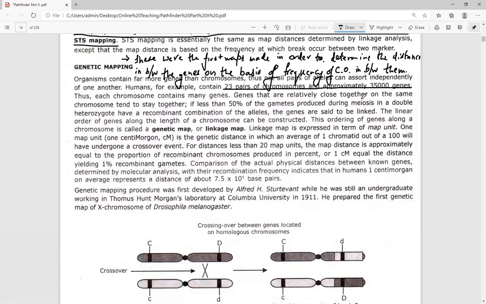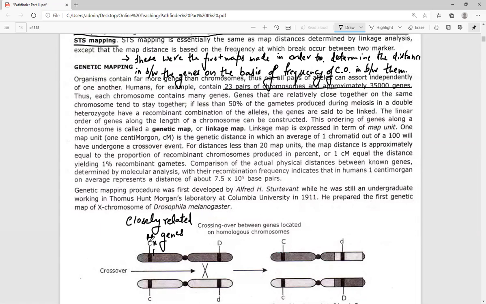Genes that are closely related on the same chromosome stay together. So supposing there is a gene X and a closely related gene, these closely related genes will stay together.